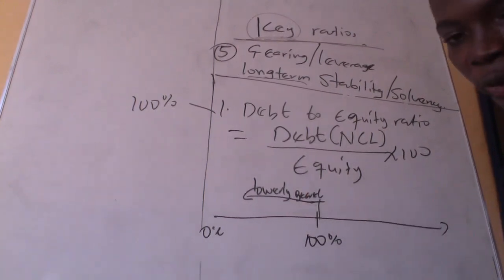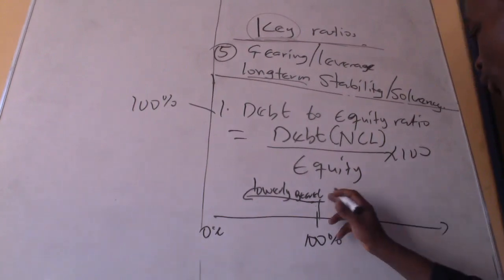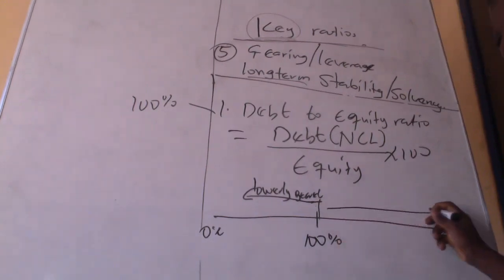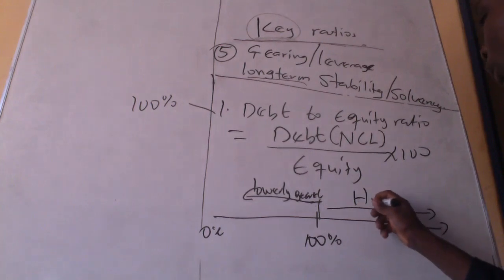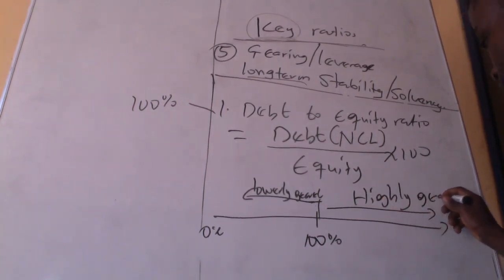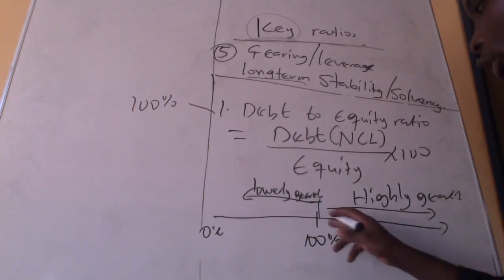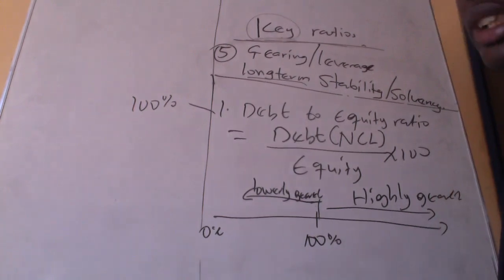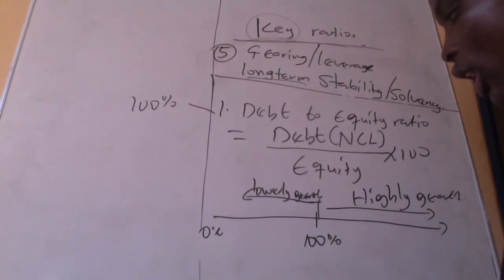So that's the debt to equity. But if you have from 100 going up, then it is highly geared. So take notes. If you get 100, it means that it's 50-50, like the one I saw, 5,000 and 5,000.